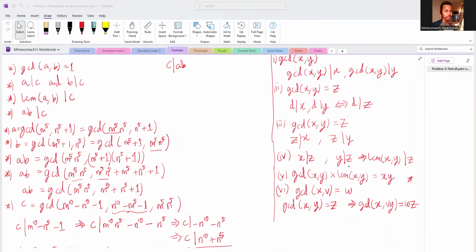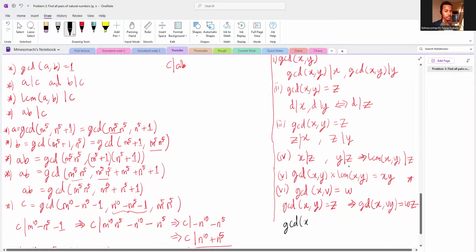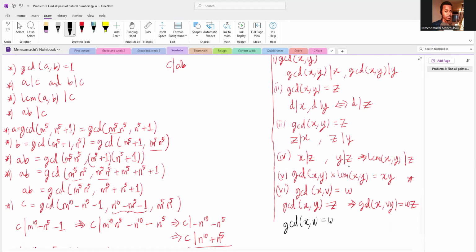The last property: GCD of X and V being equal to W, and GCD of X and Y being equal to Z. Having these two, I'm supposed to add another condition: the GCD of W and Z should be equal to 1, so that this holds.